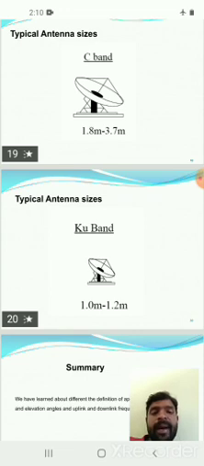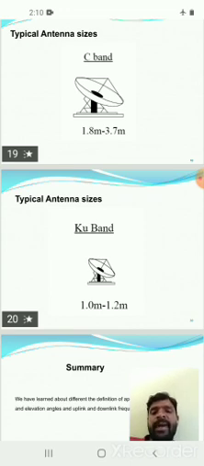Here for Ku band we use 14 GHz for uplink frequency and 12 GHz for downlink frequency. So for Ku band, the parabolic antenna size is 1 meter to 1.2 meters.